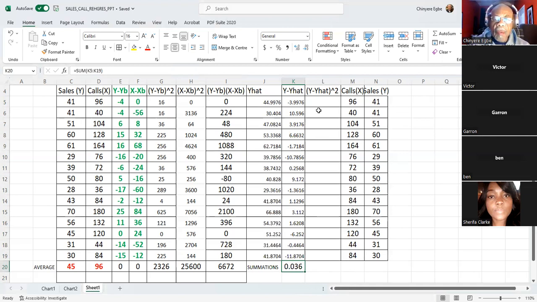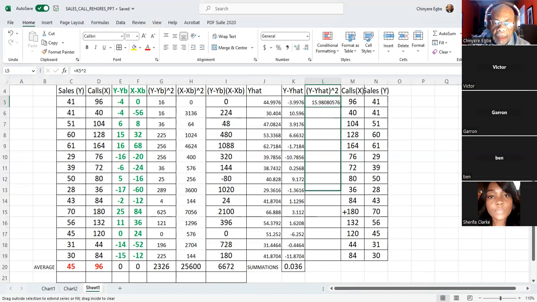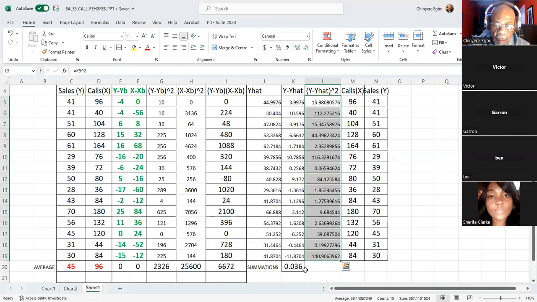And then you do Y minus Y hat squared, which is equal to K5 to the power 2, and you get a summation. So that is the summation of Y minus Y hat squared.